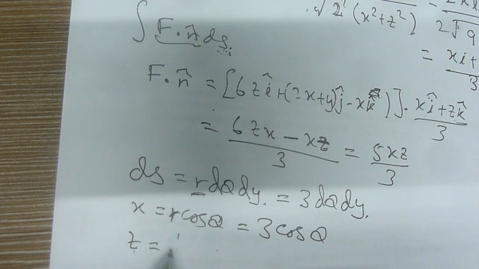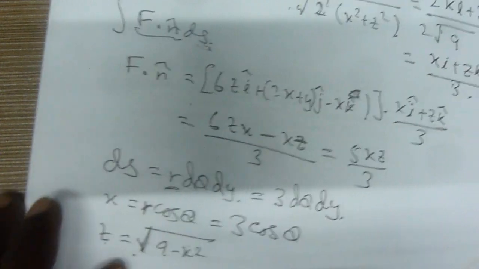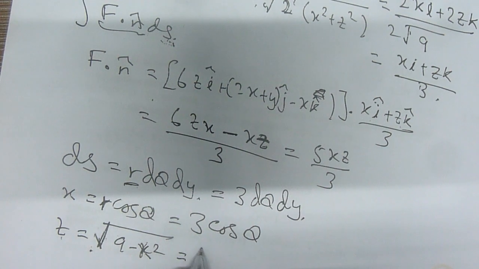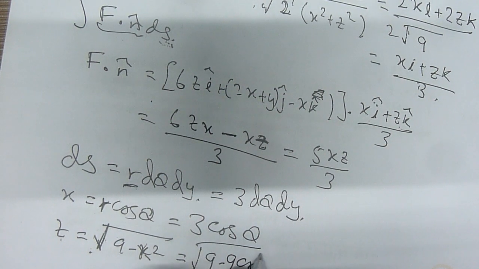z can be written as something. I just prove only. Now x power 2 can be written as 9 cos squared theta.